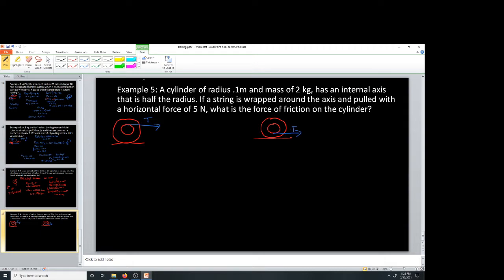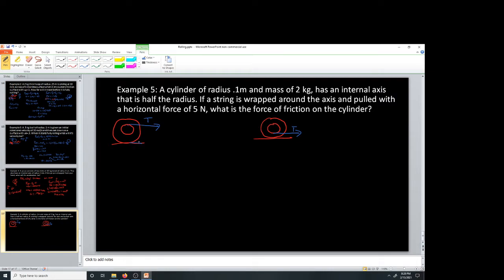Okay. All right, so you got this thing here. In the last problem, we knew the direction of all the forces. In this case, we actually don't know the force of friction on the cylinder. We don't know what direction it is. Is it preventing it from turning, but also making it go? Hard to say. On these problems, you can just randomly pick a direction for the force of friction.